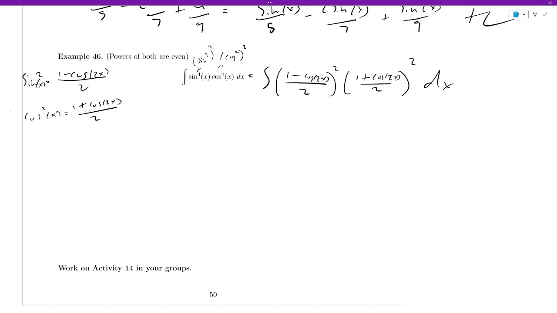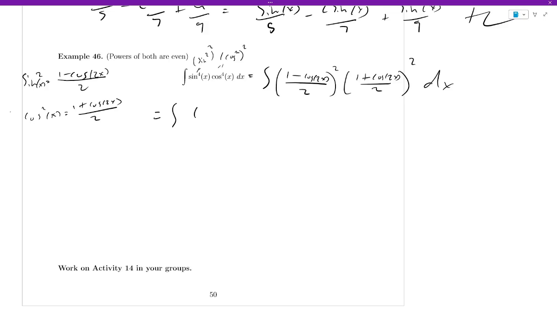There's no real trick to these ones beyond knowing that you're supposed to use these double angle identities and then being willing to plug and chug a bunch of algebra. I'll show you a couple tips to make the algebra go faster. First of all, when I square a fraction, I square the top and I square the bottom, right?